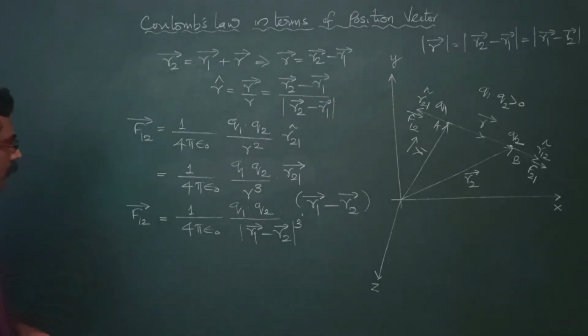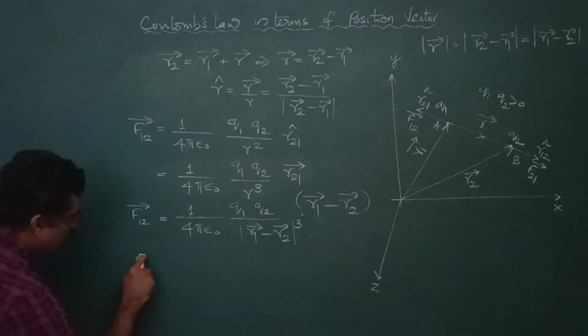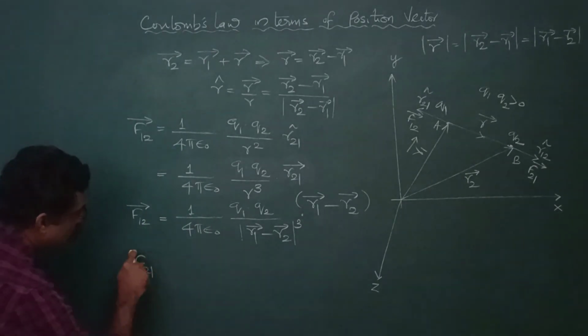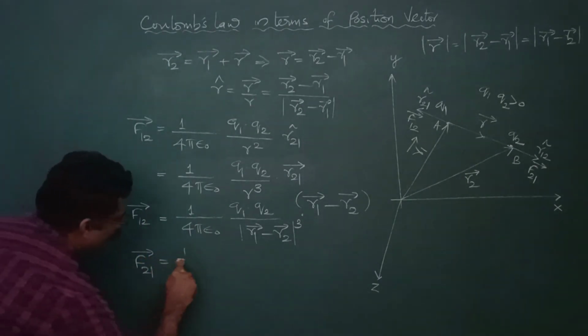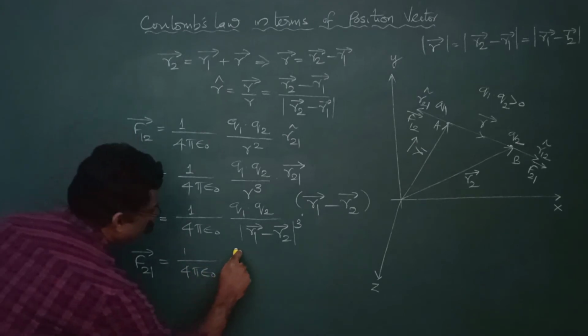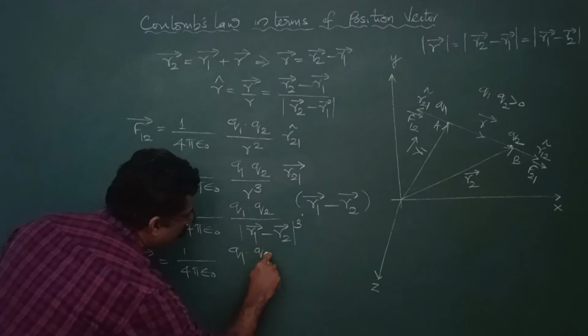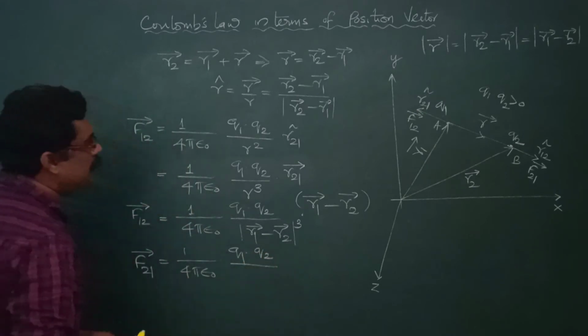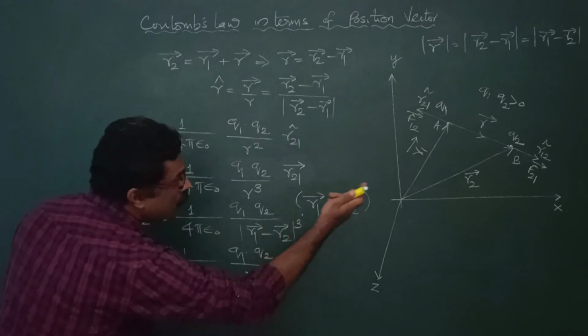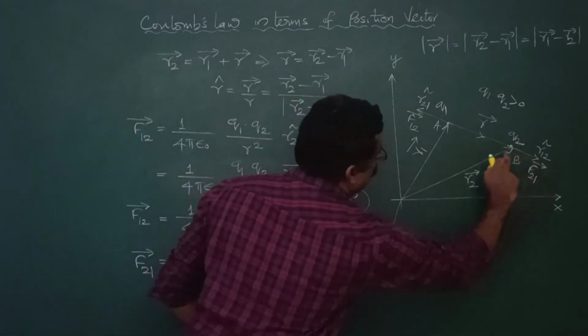Okay, similarly, what is the force on q2 due to q1? You can write as f21 vector, that is equal to 1 by 4 pi epsilon 0 into q1 q2 divided by r square into r12 cap.